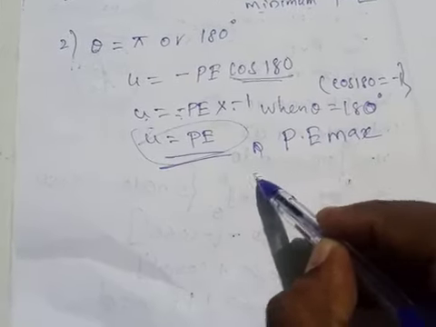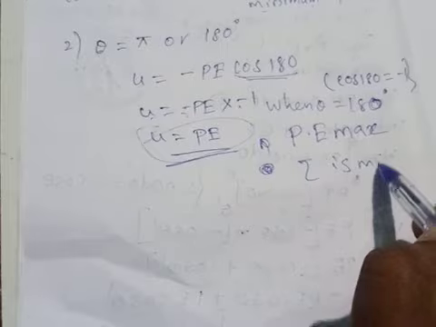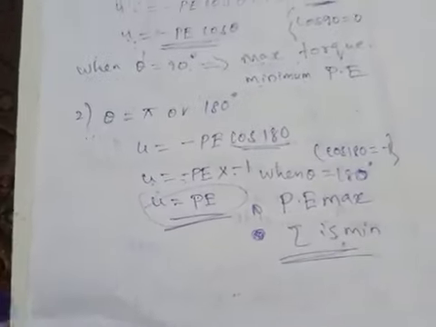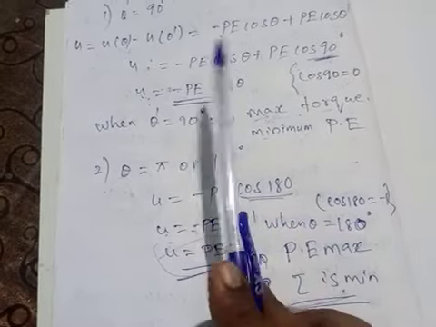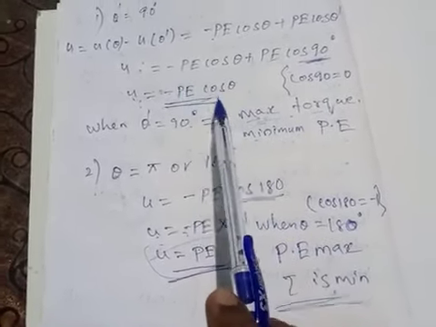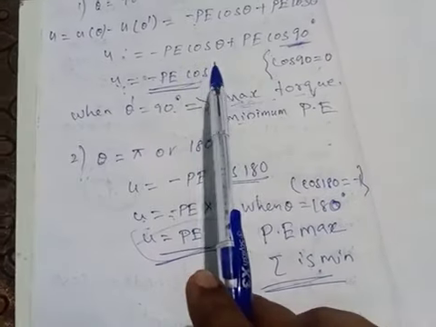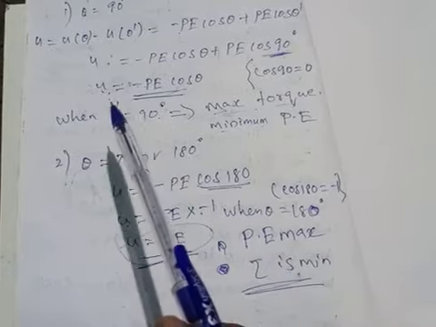But the torque is minimum. This is what we are proving. When theta is 90 degrees, the dipole experiences maximum torque, which we already proved.